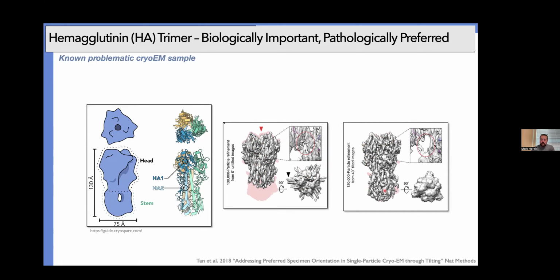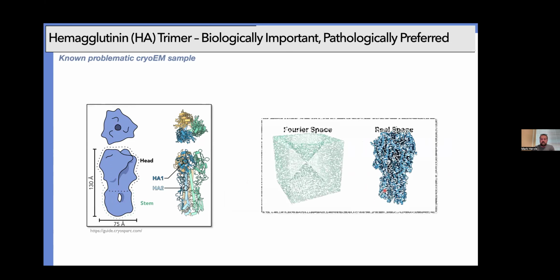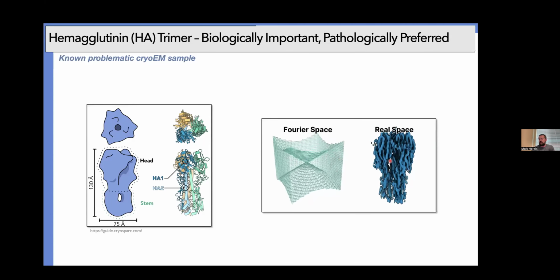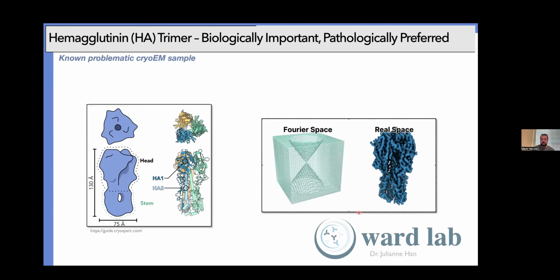Now, the real telltale from having missing views is when you have missing cones or missing views in Fourier space, they manifest in real space as loss of contiguous density and stretching, right? And so even if you have a high resolution structure, if you're missing information in Fourier space, you're going to get these artifacts.